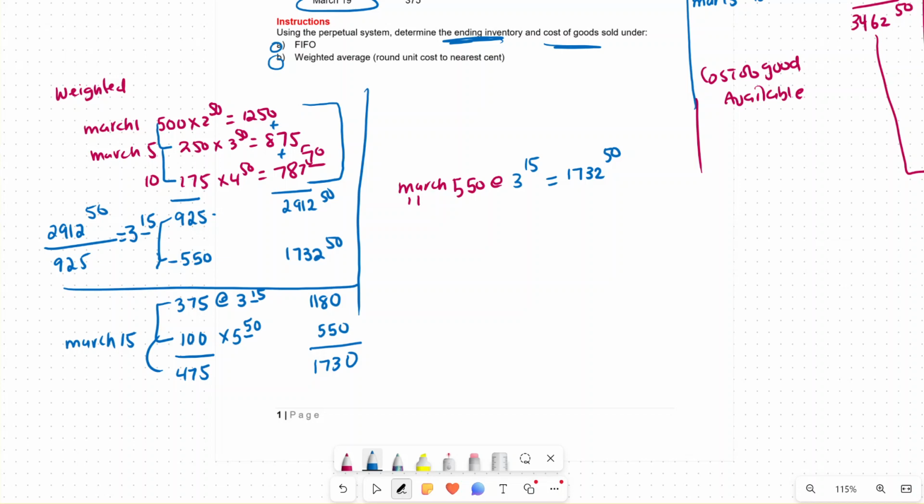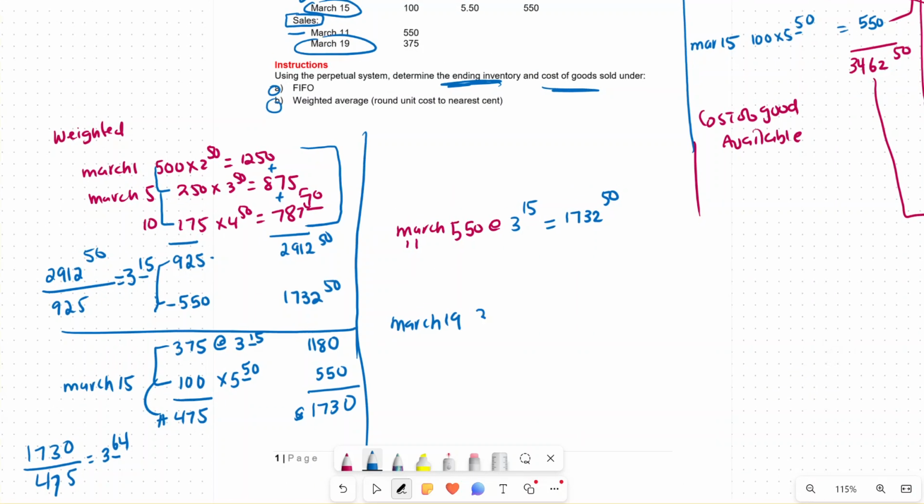So how am I going to do it? I'm going to recalculate my weighted average by dividing the dollar value by the number of units. It will give me $3.64. When I sell on March 19th, I'm going to sell 375 units at the cost that we just worked out, $3.64, which gives you 36578.